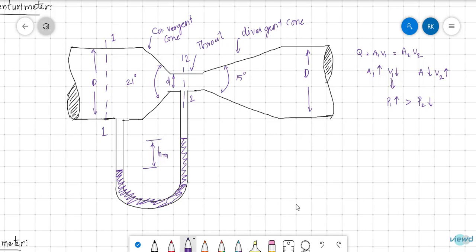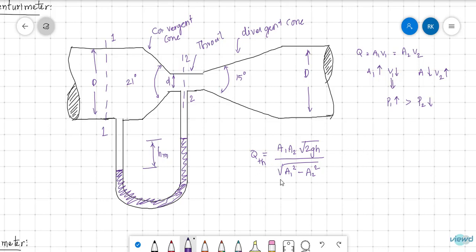So how to find the discharge in case of the venturimeter? Discharge is given by Q is equal to A1 A2 under root 2GH divided by under root of A1 square minus A2 square. This is the theoretical discharge that we calculated from these formulas.